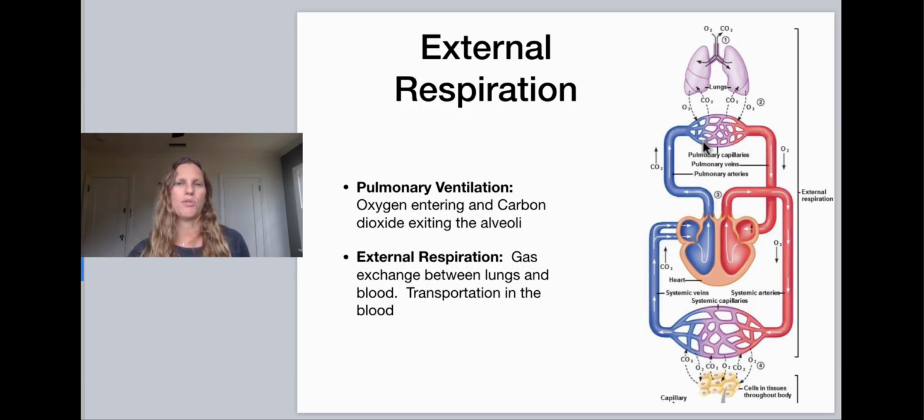The carbon dioxide moves from high concentration to low, and the oxygen levels are higher in the alveoli than they are in this venous, oxygen-poor blood, so the oxygen diffuses from high concentration to low. So this process of external respiration is the gas exchange between the lungs and the blood.